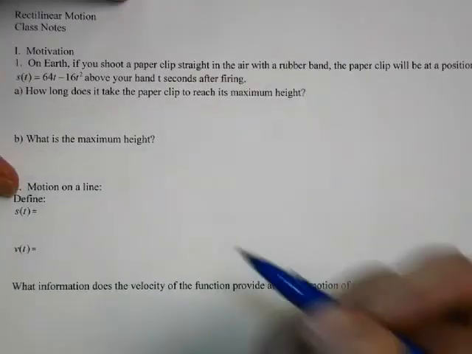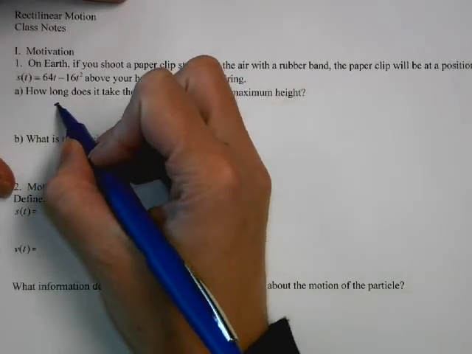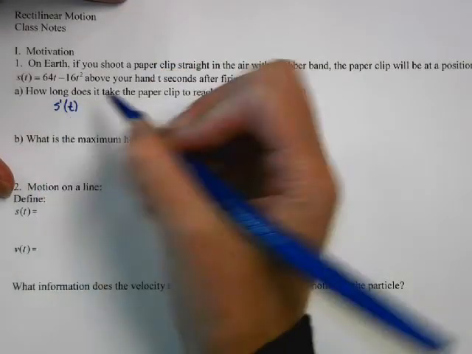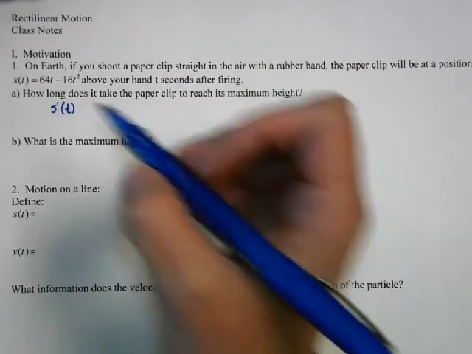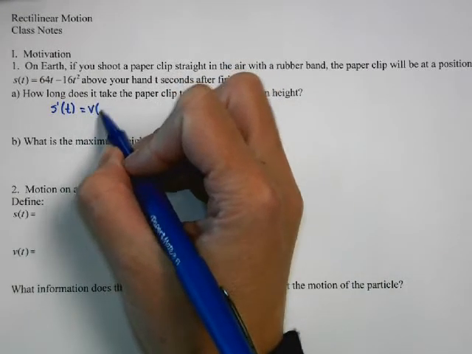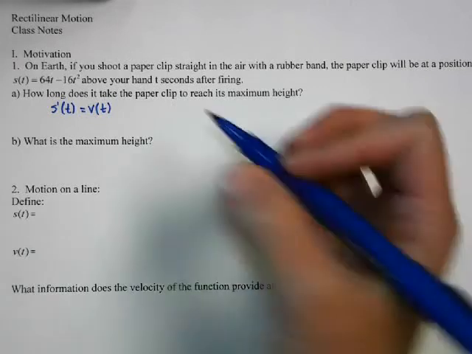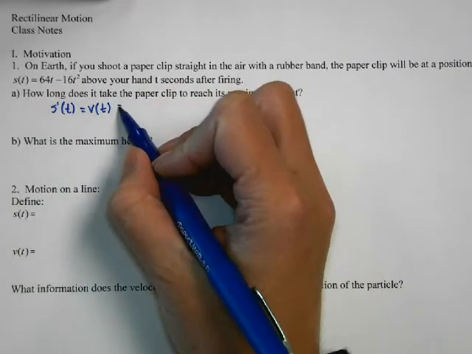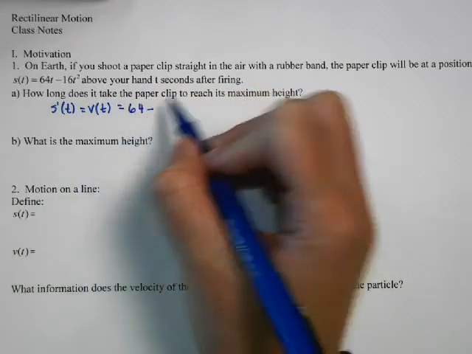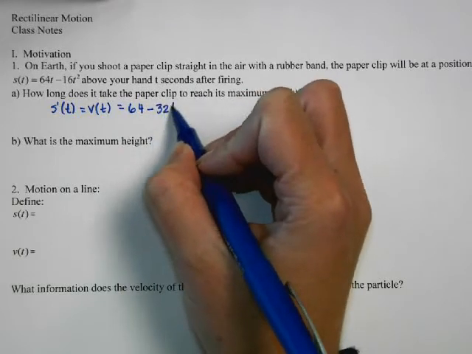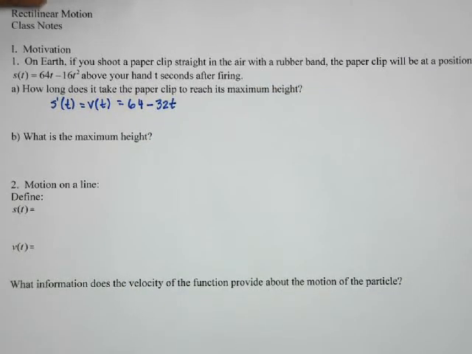Well, to do that, we're going to look at the derivative. The derivative of position is velocity. So we're going to take this derivative, which is going to be 64 minus 32t. Well, why would I want velocity?